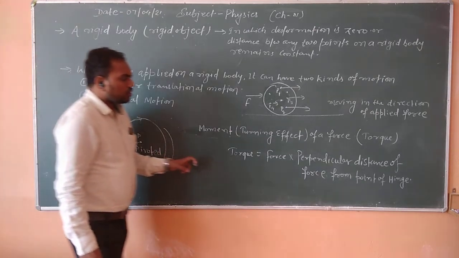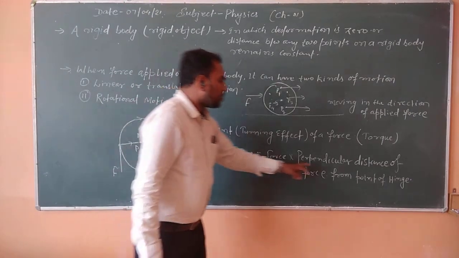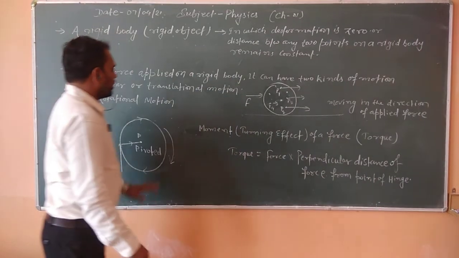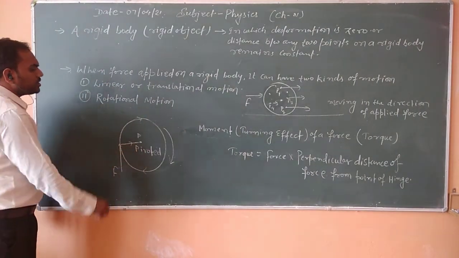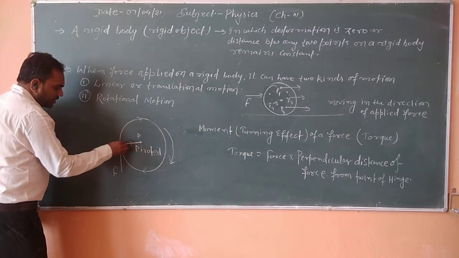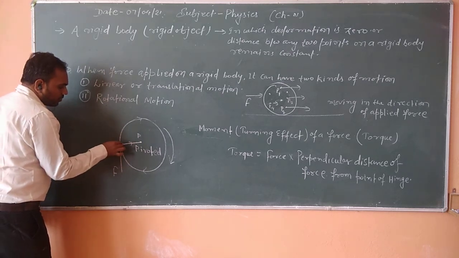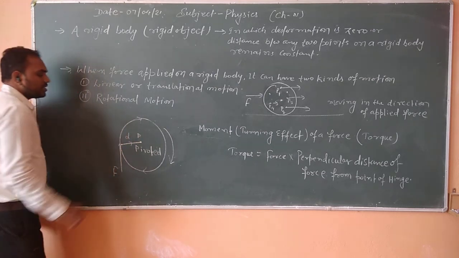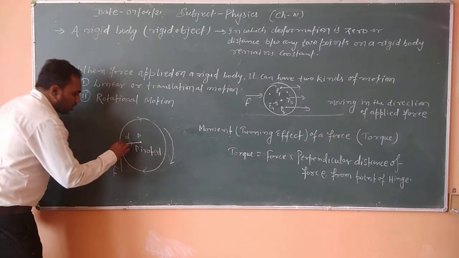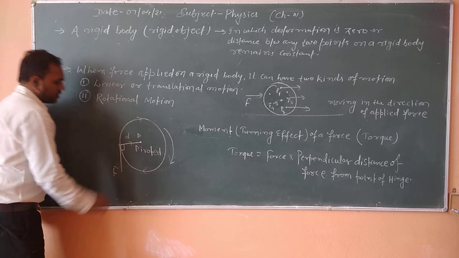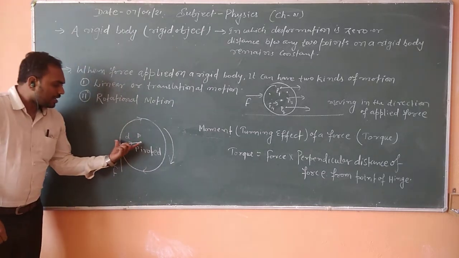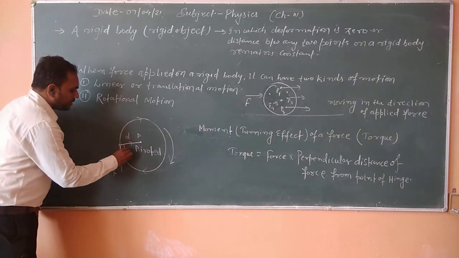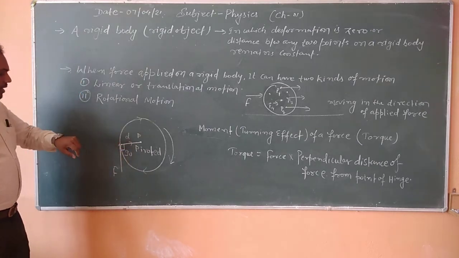the product of force and perpendicular distance of force from the point of hinge, meaning pivot. This will be the distance of force from the point of hinge. Let us say that this is D. It is also called perpendicular distance because the angle between this distance and force is 90 degrees.